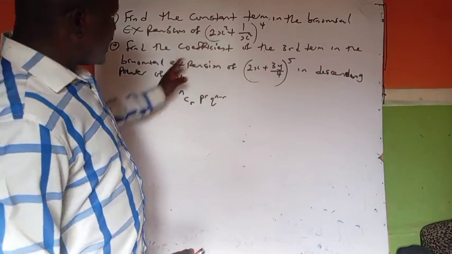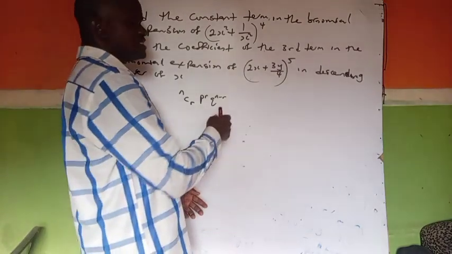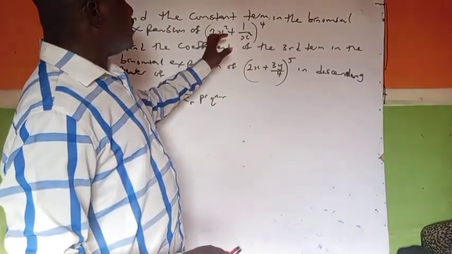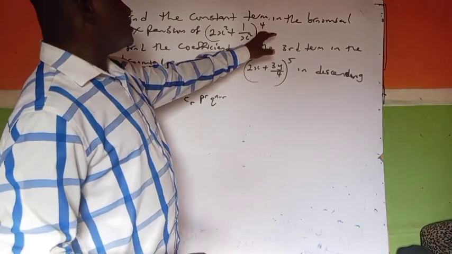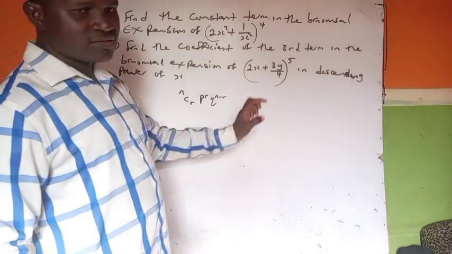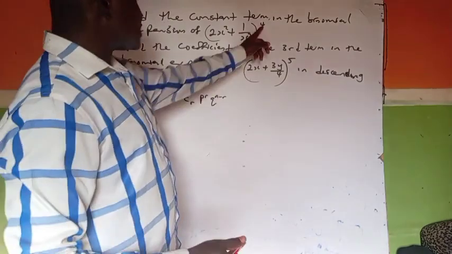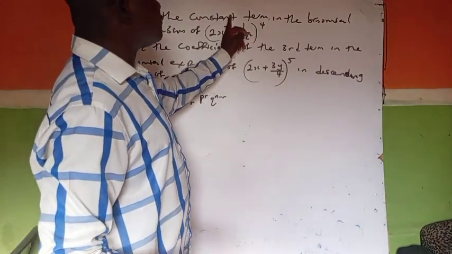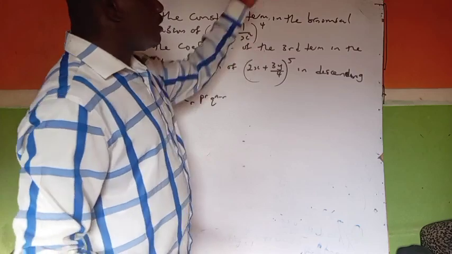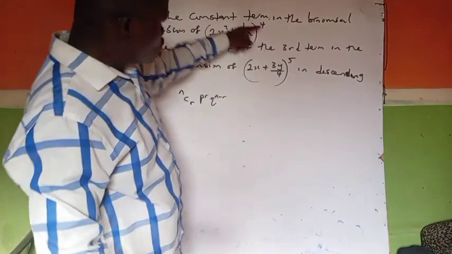So in binomial expansion, for the power you are seeing here, the first one takes all the power, that is 2x squared, into brackets, raised to power 4.